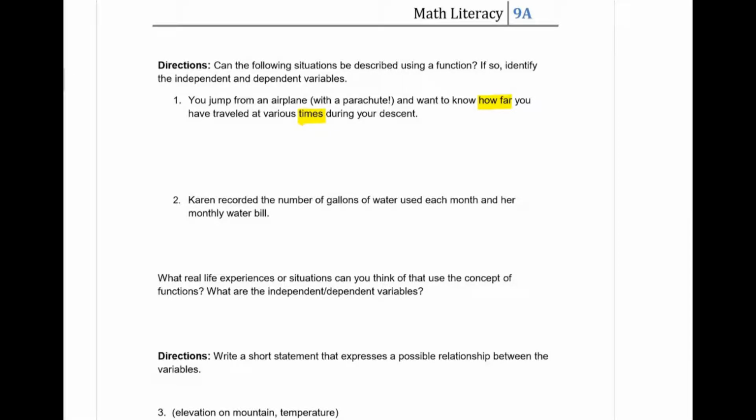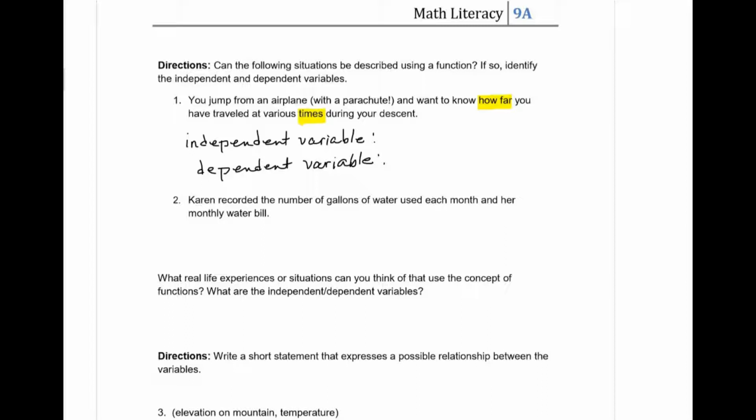So I need to identify the independent and the dependent variable. When identifying the independent and dependent variable, I think sometimes it helps to actually identify the dependent variable first. Which variable depends on the other?